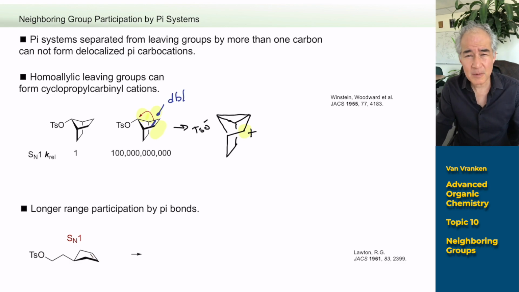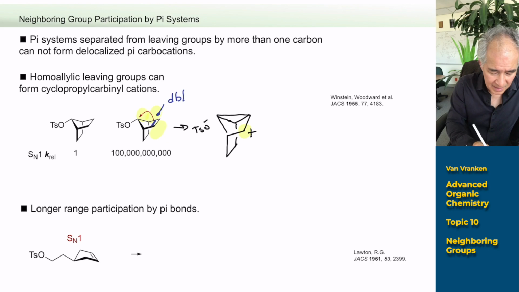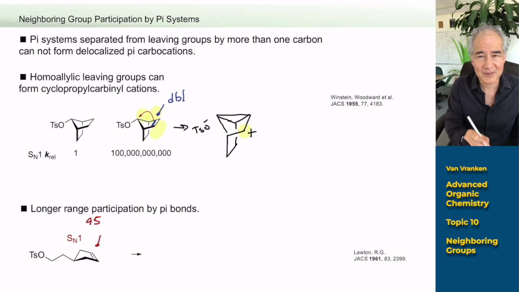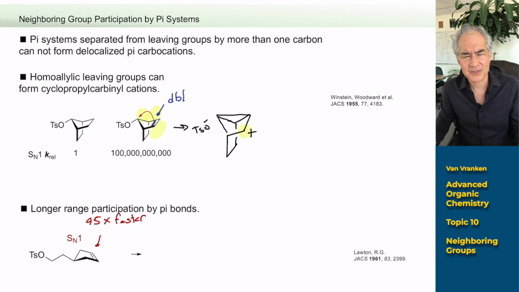With that double bond there, it's faster, but not as fast as up above, where this is 100 billion times faster than without the double bond. Down below here, that double bond only makes it 95 times faster. 100 times faster, nothing like 100 billion, but still faster. And so how do we explain the fact that it's faster but not a lot faster?